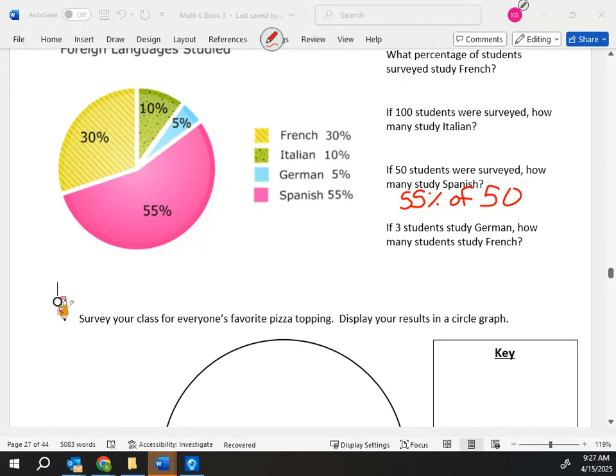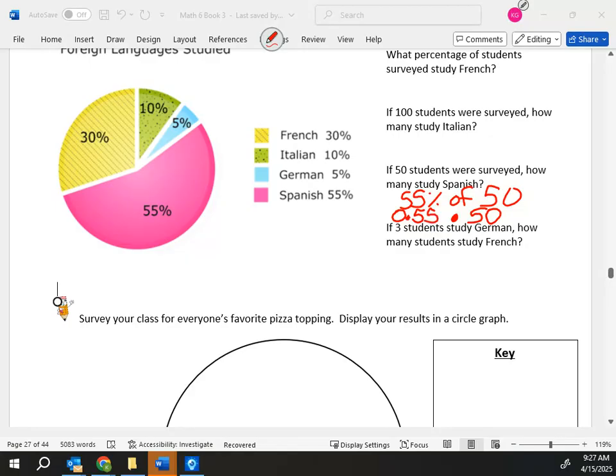Who remembers what the "of" stands for? What operation? Liam? Multiply. What are we gonna multiply that 50 by? When we put it in our calculator, what should we put into our calculator, James? 0.55. We're gonna turn it into a decimal.